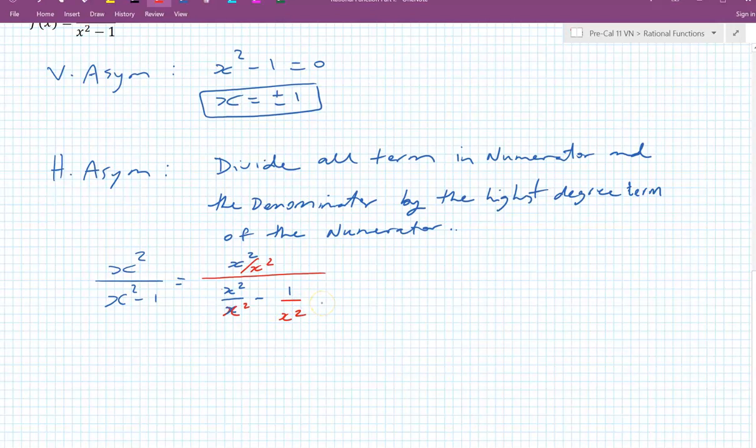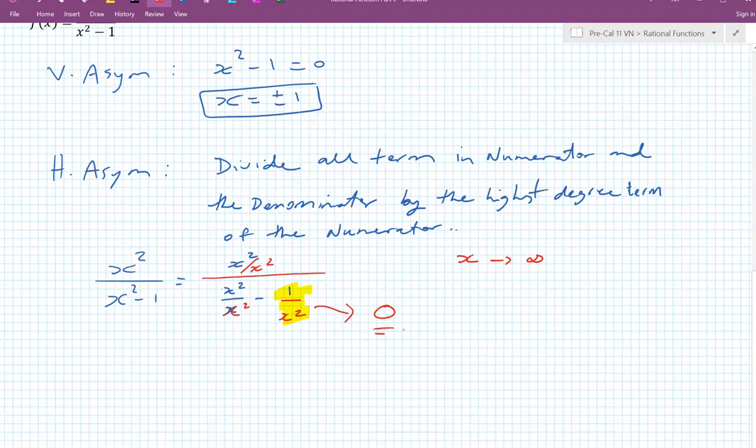But here's the thing, we are assuming that x is a very large number because we can choose that, and if that's the case, then 1 over x squared will be very close to 0.